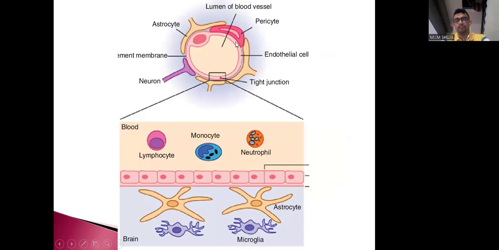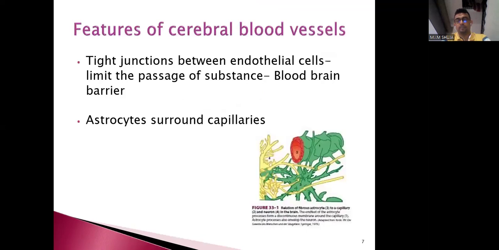They are very tightly bound together with the tight junction. And outside of the blood vessels are neurons and astrocytes. This is the endothelial tight junction barrier. This is your blood. This is your astrocyte. This prevents or limits the passage of substances from blood vessels into the brain tissue.